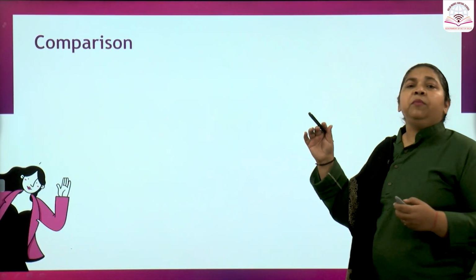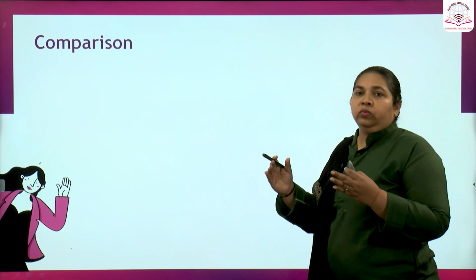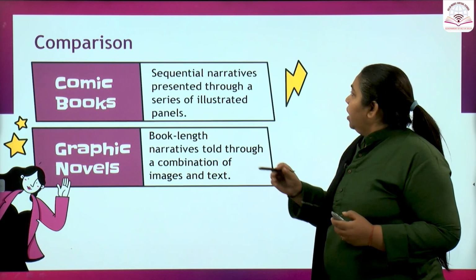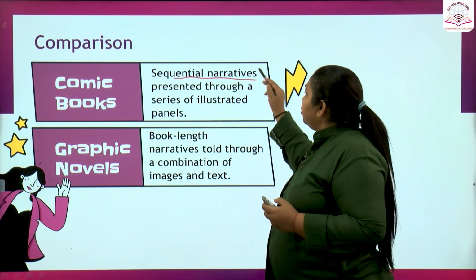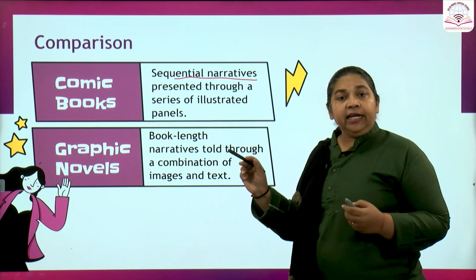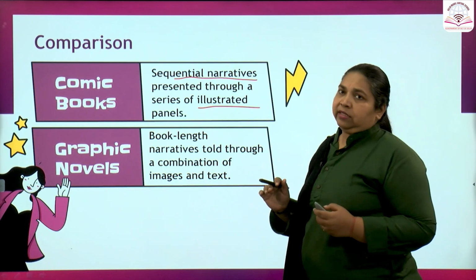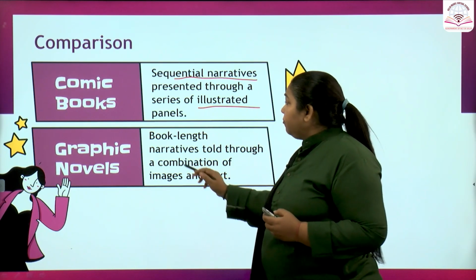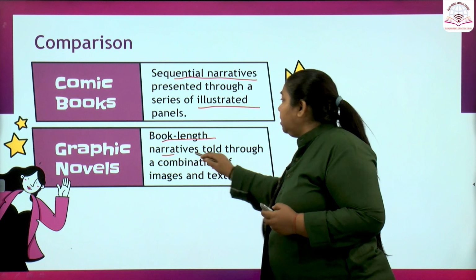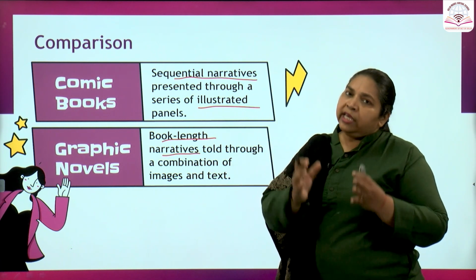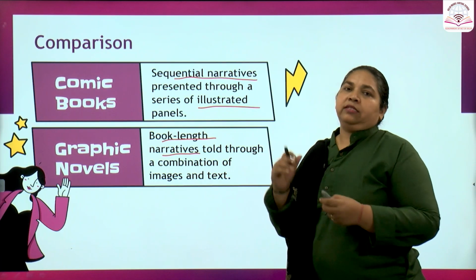Now we'll do some comparison between the two, the comics and the graphic novels. Comics are sequential narratives presented through a series of illustrated panels, whereas graphic novels are book-length narratives told through a combination of images and text.